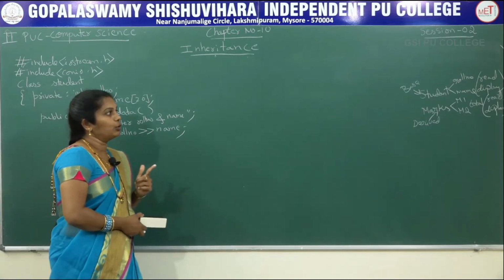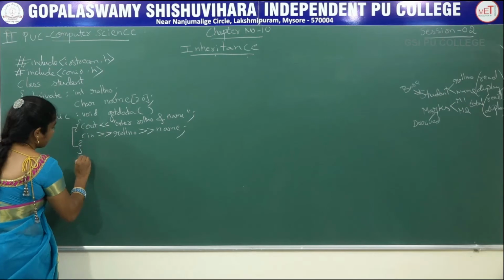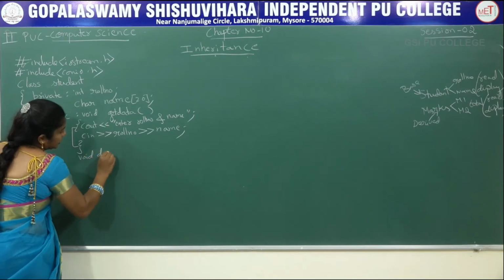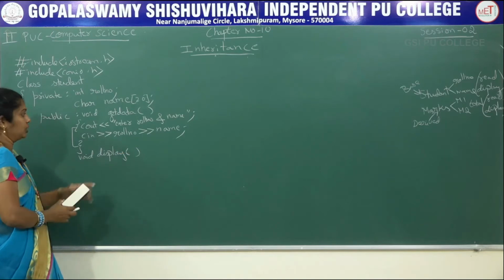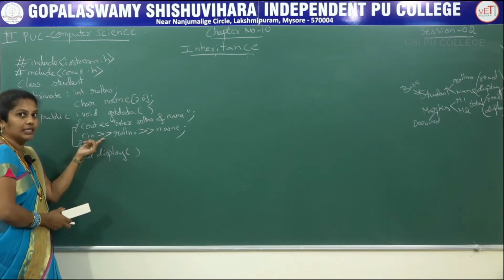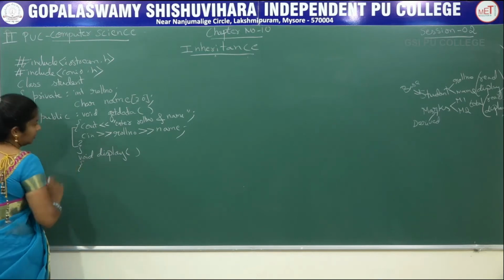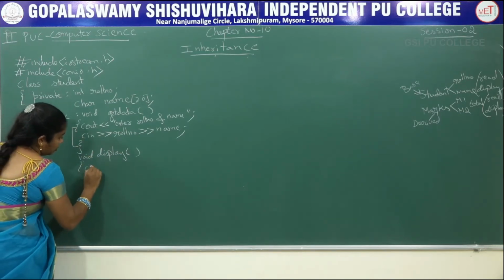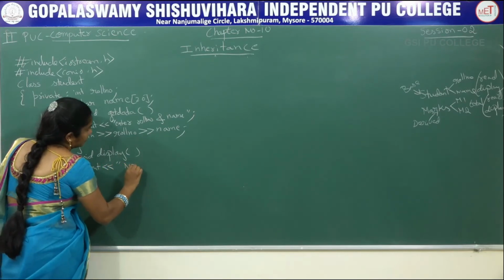What is the next thing I want to do? I want to display these two values. Then void display function. Here I just did the input. Next, what I want to do? I want to display these two values. Then cout, roll number equals.